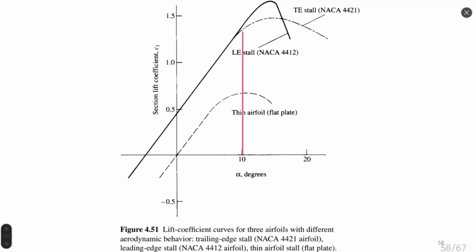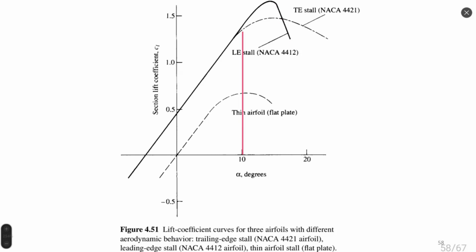After flow separation starts, these two airfoils behave in a different way. The thin airfoil has a very sharp drop of lift coefficient, but its maximum is higher.